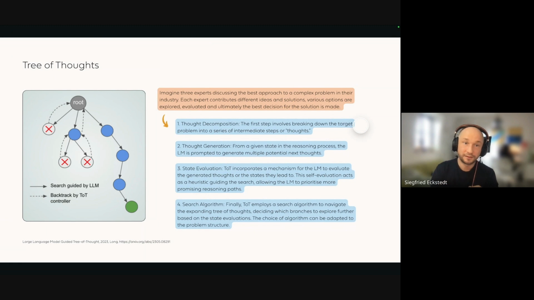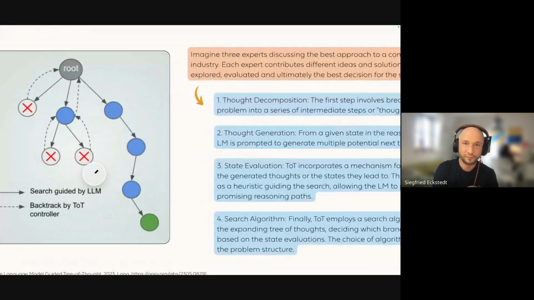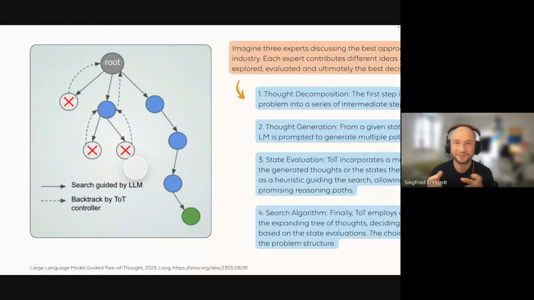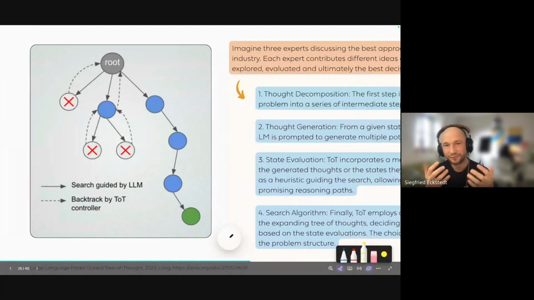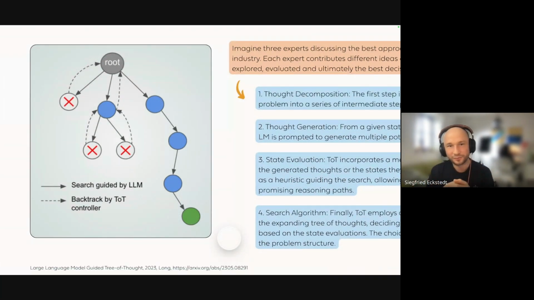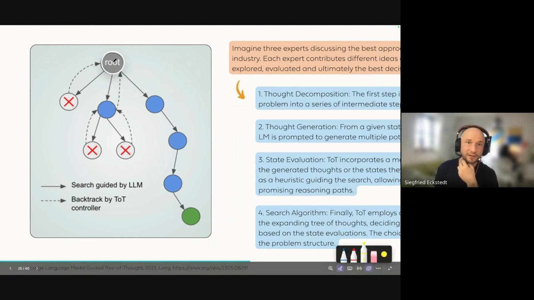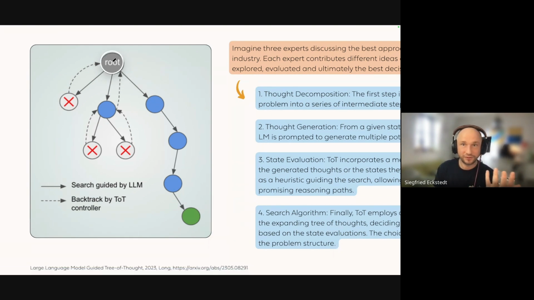So this imaginative example is what I came up with, but this is basically what the research paper wants to highlight with the graph that they attach to their research paper. You have a root, which is your question, and you generate different thoughts from it, which is here the first layer.